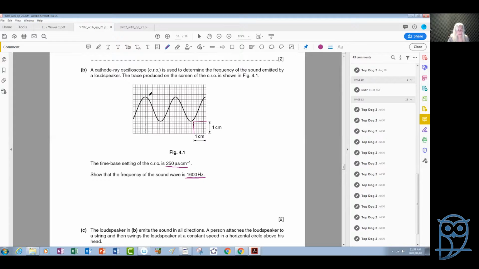The period is the time taken for one complete oscillation, isn't it? So if we go from crest to crest here, that represents one period. And if I go all the way to the end, it's easier actually. All of this would be two oscillations.